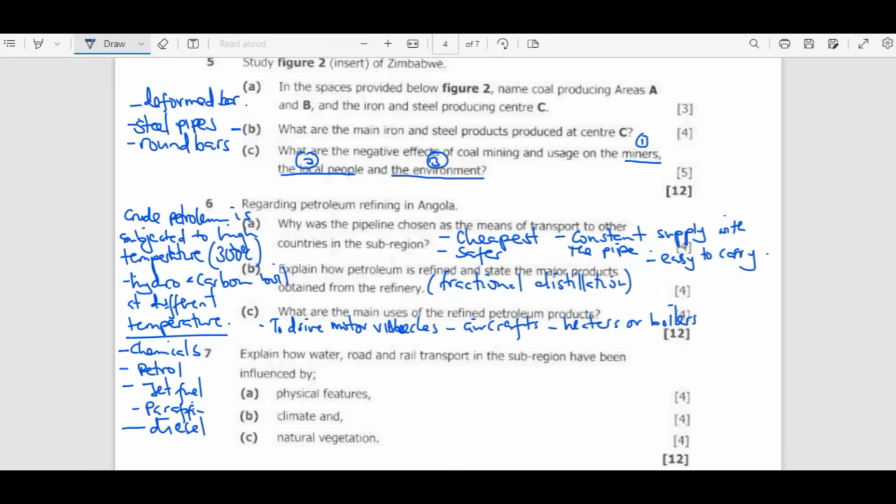Another one, the other use is that byproducts are used in other products, such as plastics, and then rubbers also are produced.